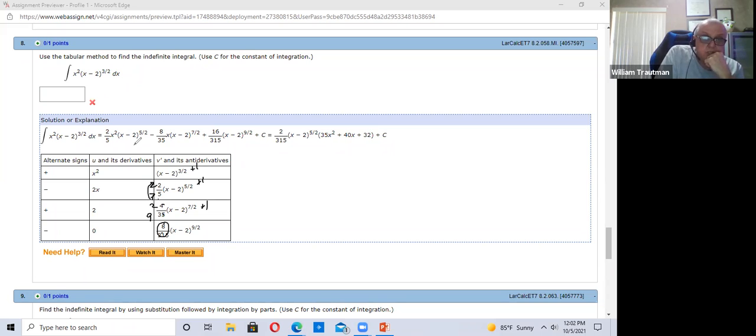The derivatives, and you always stop at 0. And then you just write out the answer. And try to simplify a little bit. They factored out, I mean, this 5 over 2, that's the 5 over 2.